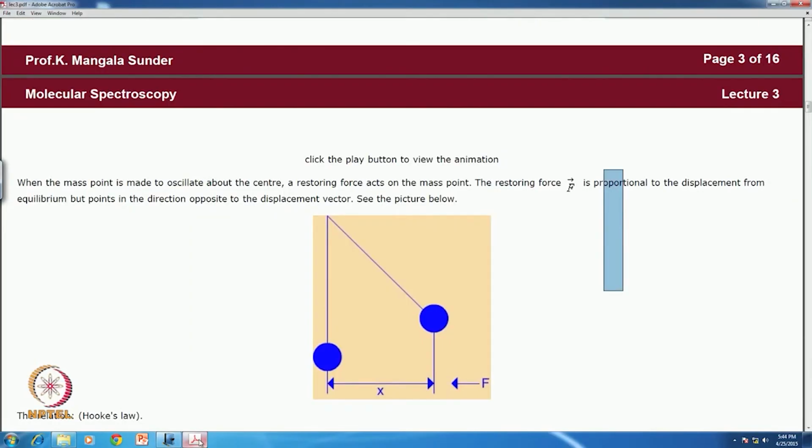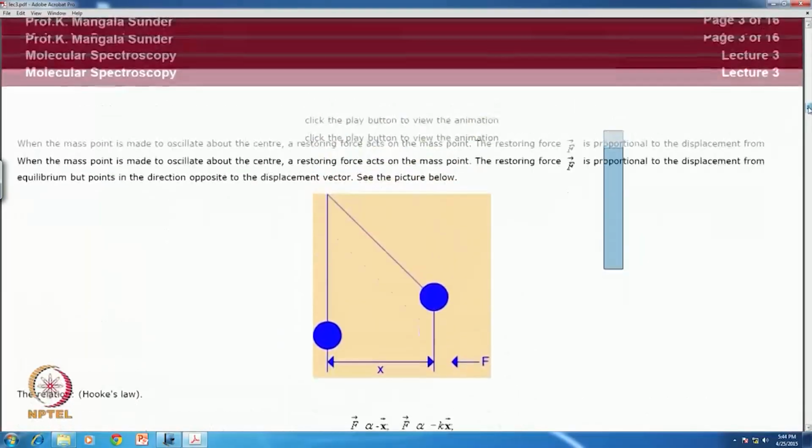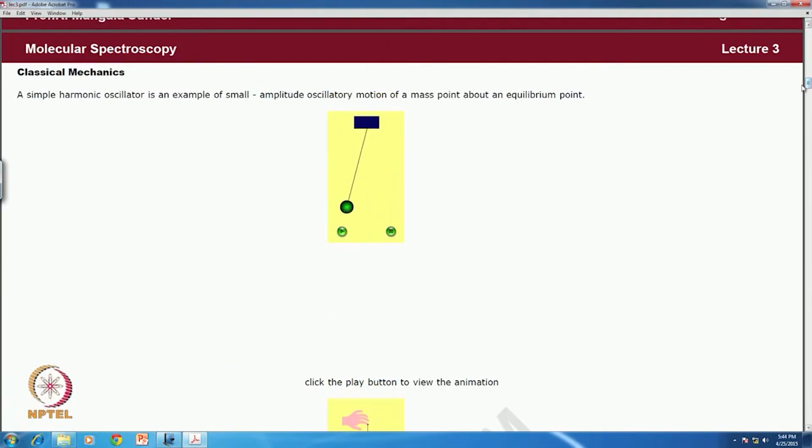If you want to visualize that, here are some simple pictures. The equilibrium position in the first picture is the vertical distance, and you can see that the ball oscillates between two extremes, rather with a small amplitude.